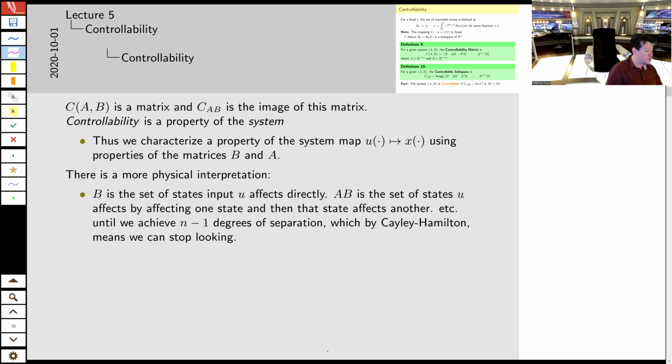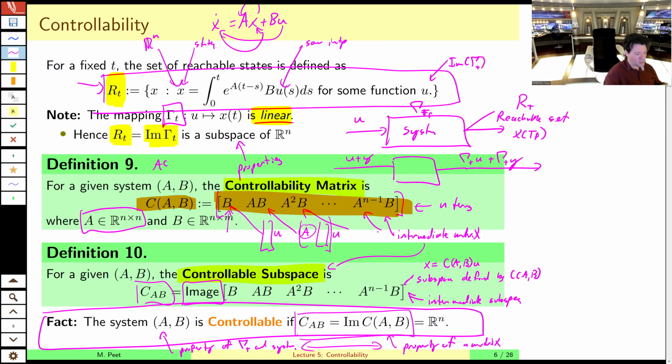So again, I think we're just restating what we have here. And the reason you could stop after n is this very important theorem, the Cayley-Hamilton theorem, which says basically you could stop after n steps. It's why we don't have an A to the n here. We don't need it. Cayley-Hamilton says so.